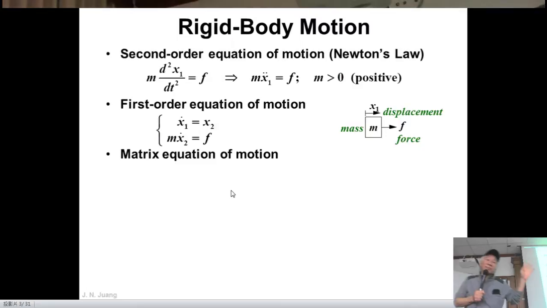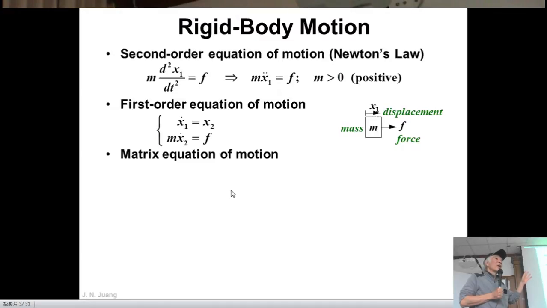In this class, we'll deal with only first order equation of motion. We don't really look at second order, although in general, any mechanical system is a second order equation of motion. Agree?